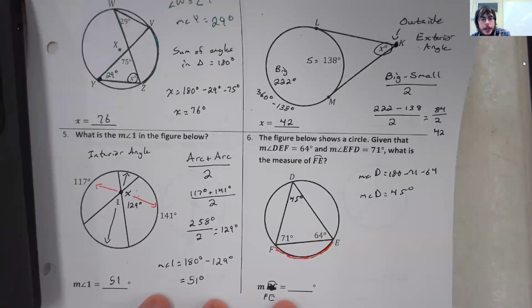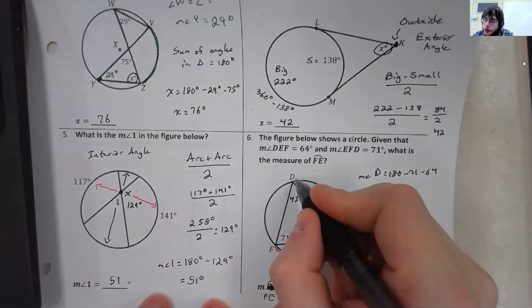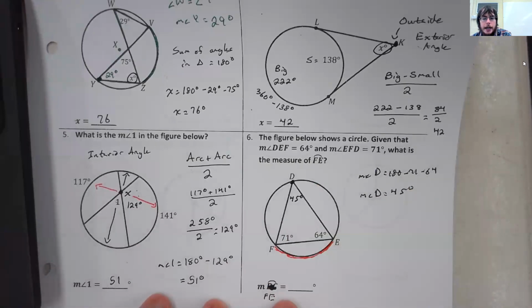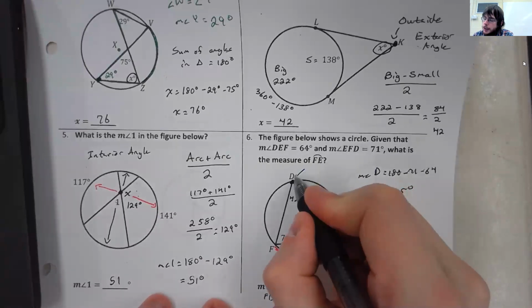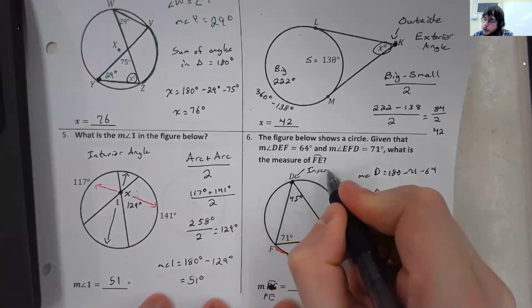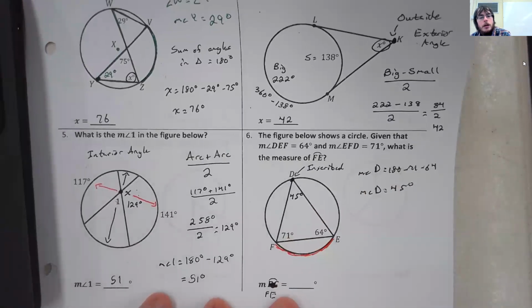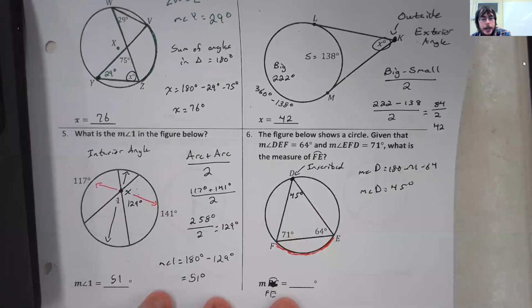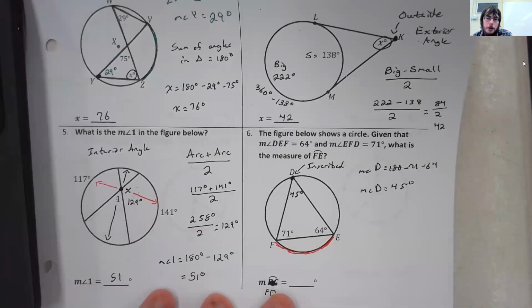Now look at angle D. What do you notice about its vertex? Where does the vertex lie? Well, the vertex lies on the circle. So that means angle D is an inscribed angle. And since it's an inscribed angle, there's a relationship it has with the arc. We've already talked about this. The angle is 1/2 the arc if it's inscribed.